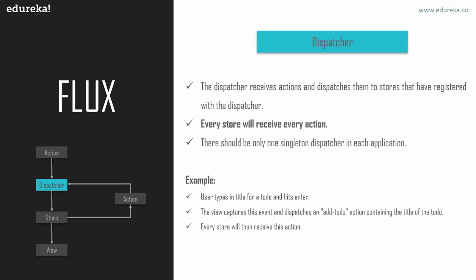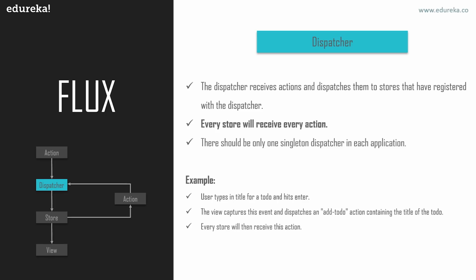So the view, which is there in your unidirectional data flow, captures this event and dispatches a to-do action, or any kind of action, containing the title of the to-do. And when it dispatches any action, it is received by the store. So every store will then receive this action.